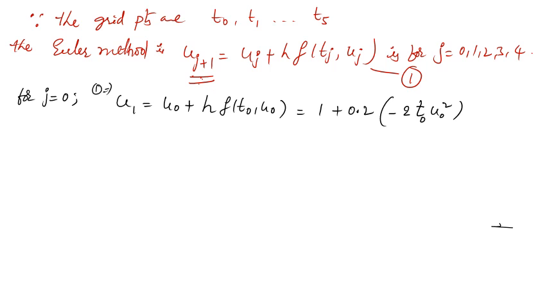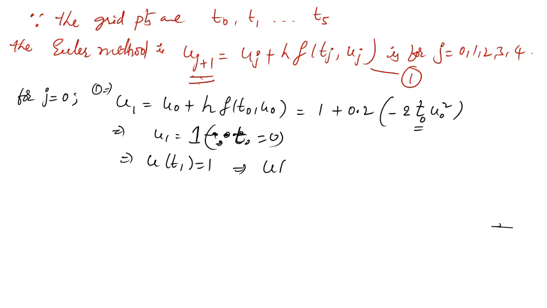This implies u1 equal to 1 minus 0.4 times t naught u naught square. What is the t naught value? 0. Since t naught equal to 0, u1 is 1. u1 means u of t1 equal to 1. What is the t1 value? 0.2. So u of 0.2 equal to 1. This is the first thing.